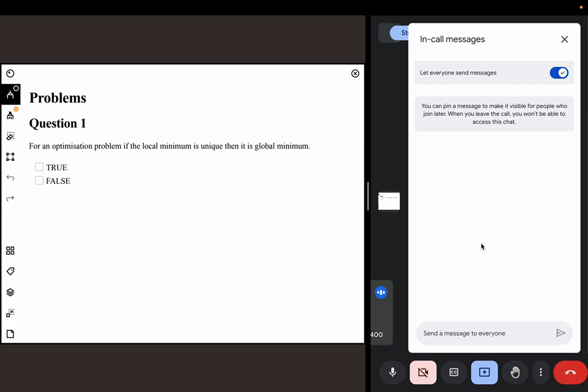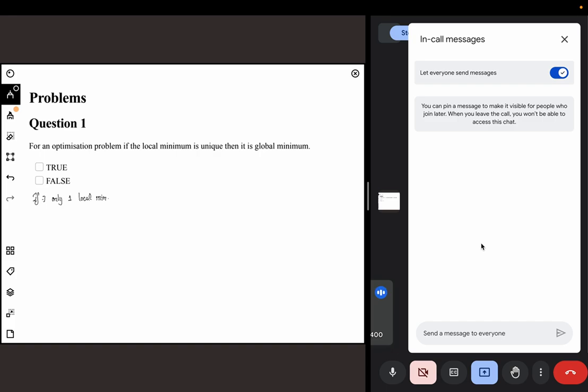Okay, the first one is straightforward. You don't have to solve anything. So what do you think? If a local minimum is unique, then it is a global minimum. So what do I mean by unique? If there exists only one local minimum over what?